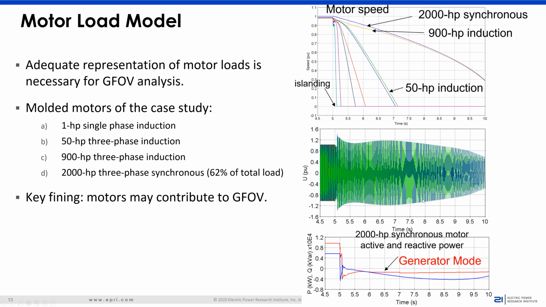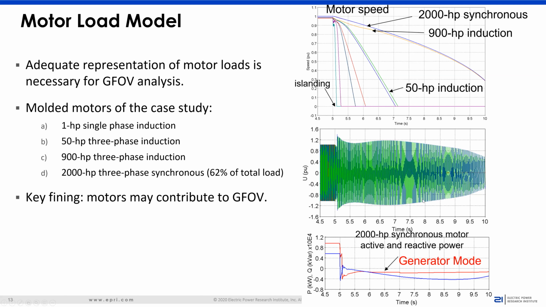And also, this is the result from one of the synchronous motors in this simulation test. You can see that before the fault, before the islanding, it was acting in motor mode, but after the islanding, it was acting in generator mode. So essentially, it is energizing the island.